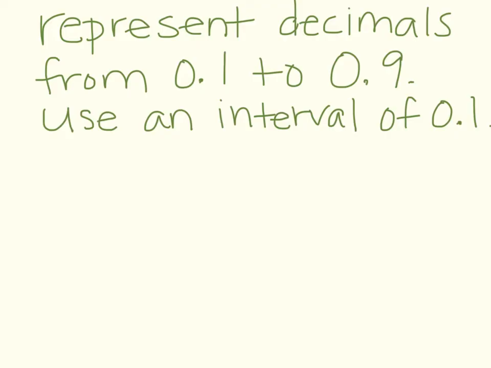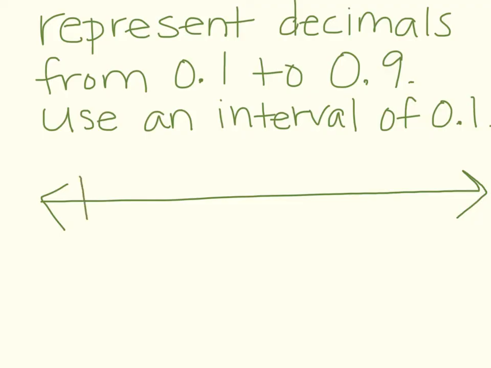We can use a similar idea to represent decimals on the number line. This problem asks us to represent decimals from 0.1 to 0.9 on a horizontal number line. It directs us to use an interval of 0.1. So we're going to begin, once again, by marking our 0 and our 1.